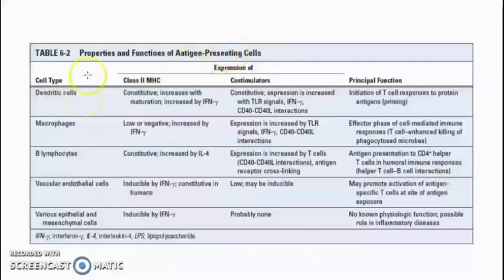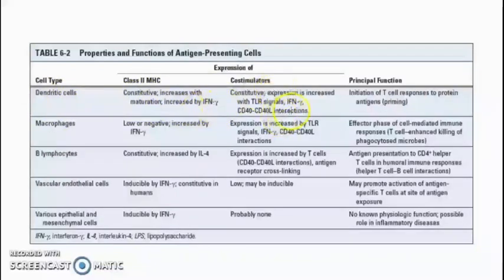Here is a table of properties and functions of antigen-presenting cells. The cell type here, one of them, is the dendritic cell. Class 2 expression is constitutive and increases with maturation, increased by interferon gamma.